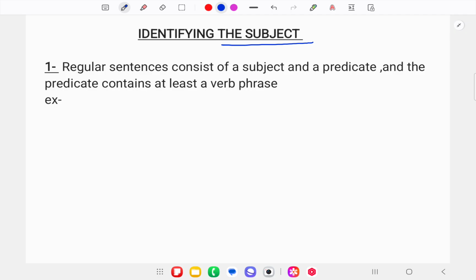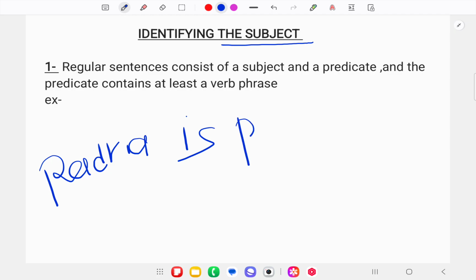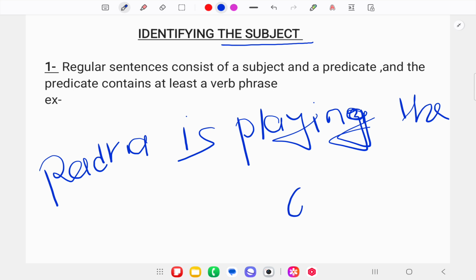If I take an example to identify the subject, like: Radha is playing the cricket. Okay, so here we can see that we have an example, Radha is playing the cricket or cricket match.